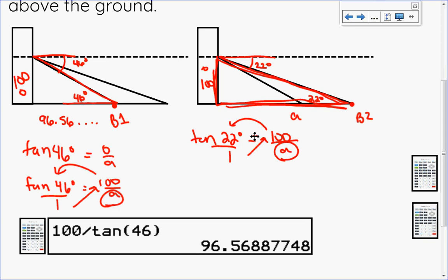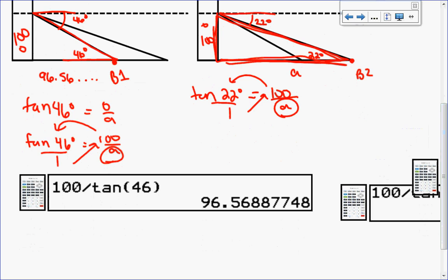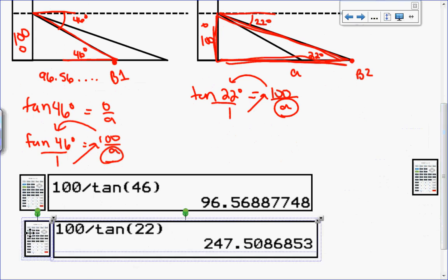So doing that, I can get the second time that he sees the bus. The distance should be a higher distance. So putting that into my calculator, I can see it's approximately 248. So we know that this distance here is 247.50, etc.